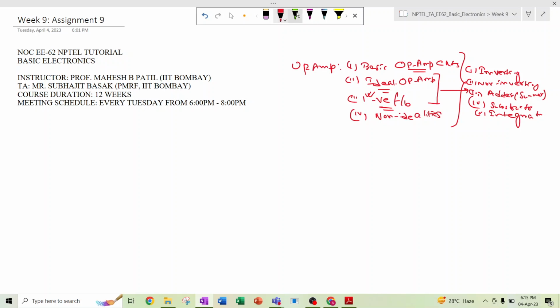But today I will discuss a very important and interesting op-amp circuit, which is the op-amp in positive feedback.